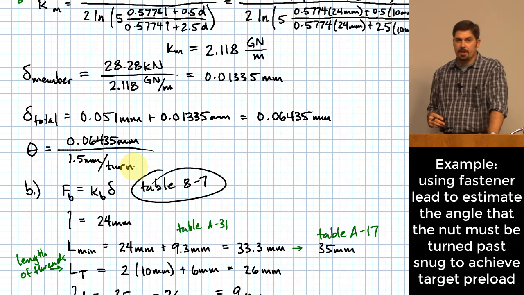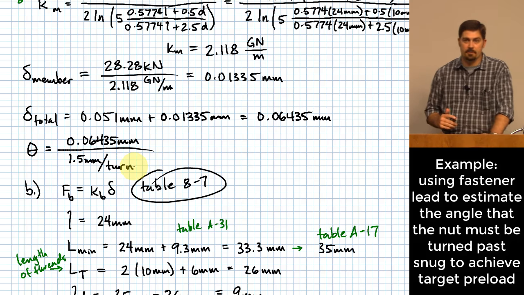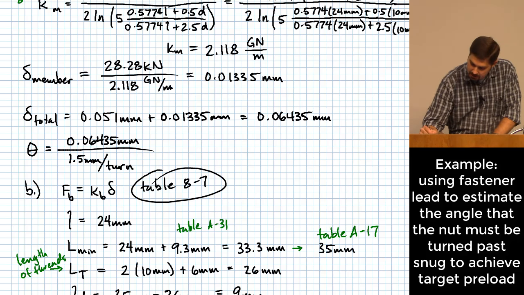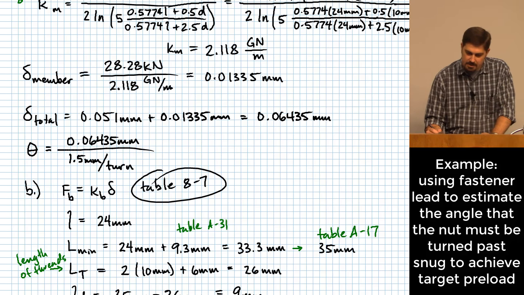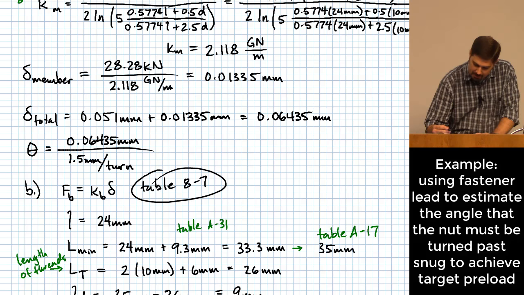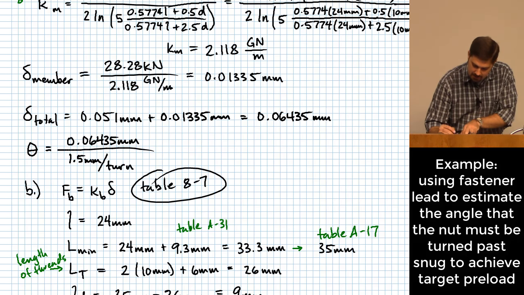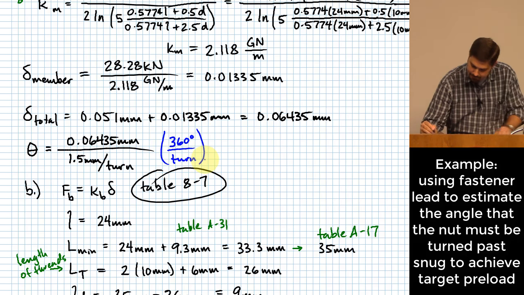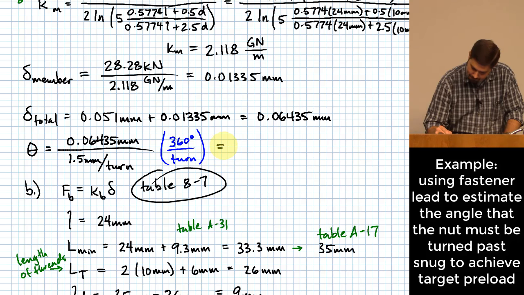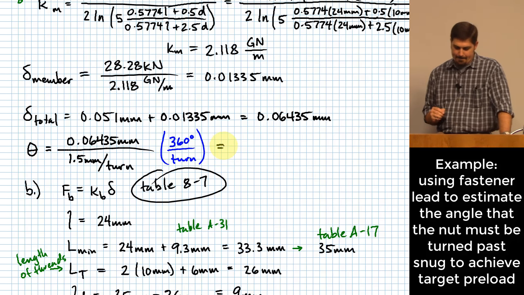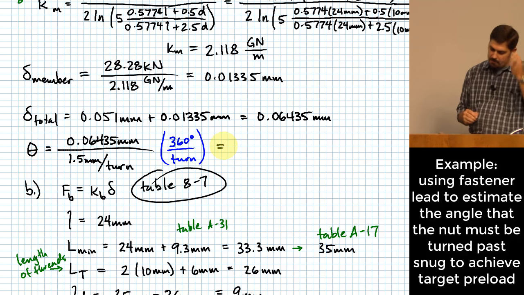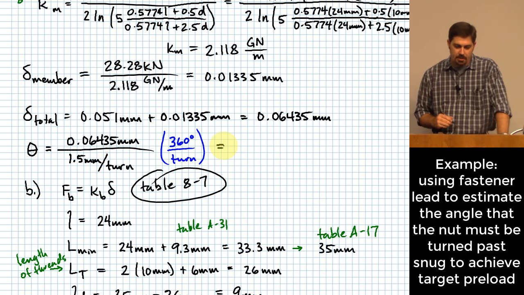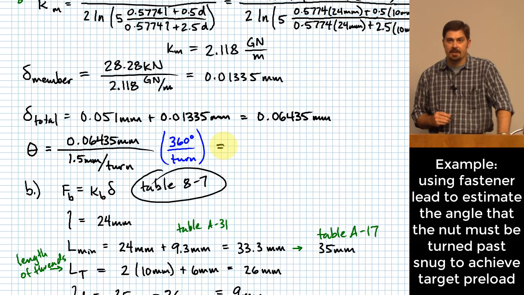But a lot of times you're not going to go even a whole turn, and so if you want to convert this into an angle, you can multiply by something, in this case, like 360 degrees per turn. Okay, and this tells you how many degrees you would need to turn the nut past snug in order to get to the amount of preload that you want.